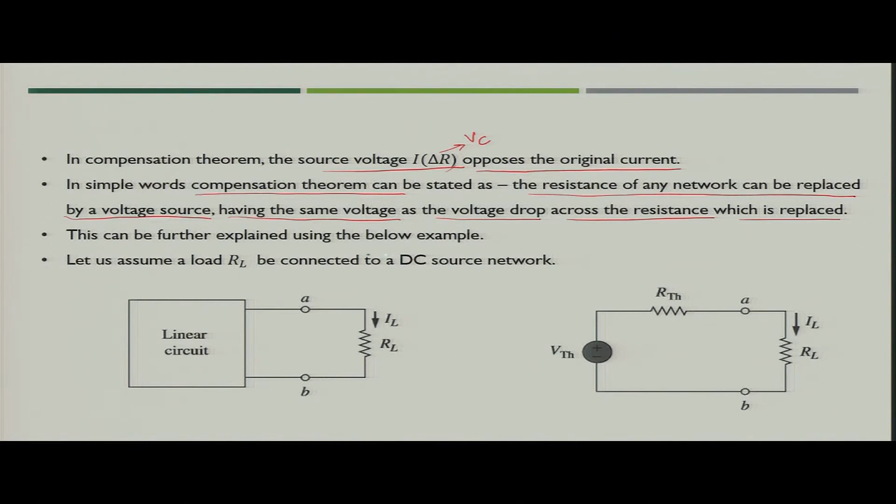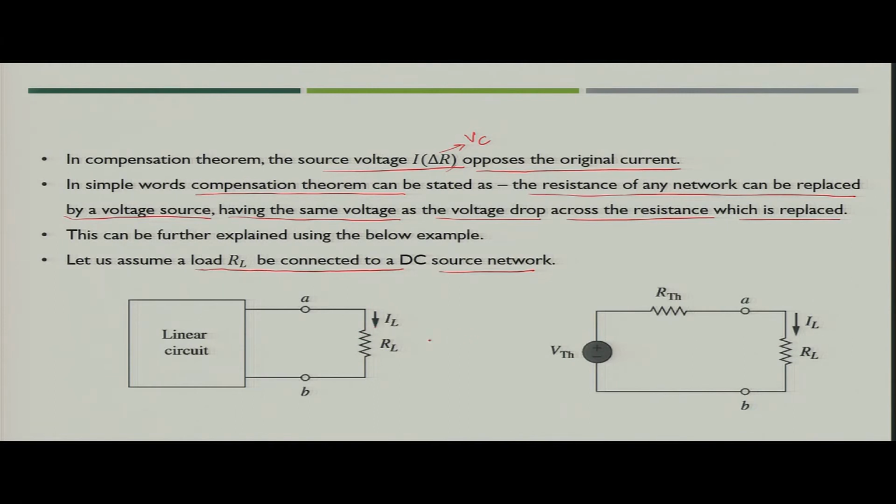So, let us now try to understand and derive whether the updated circuit which we have just calculated justifies the claim or not. Let us assume that the load R L is connected to a DC source network, that is, we have a network here and load R L is connected to that.